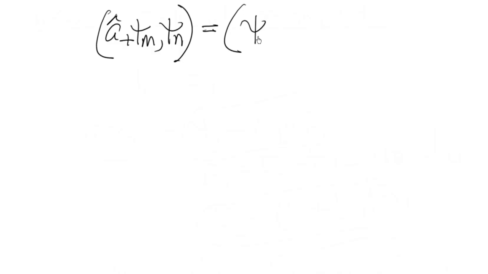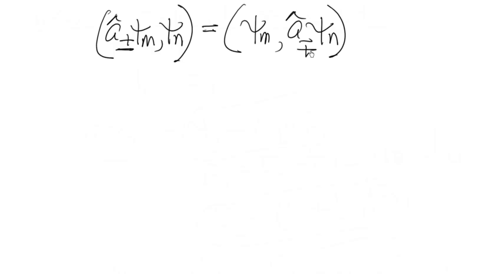The theorem is: if you have A plus operator here and psi m, and here psi n, this is the inner product, and this is equal to psi m, and here this will become A minus operator psi n. Similarly, if you have psi A minus operator here, you will have A plus operator here. We are not going to prove this. From now on we shall use this as a granted theorem.